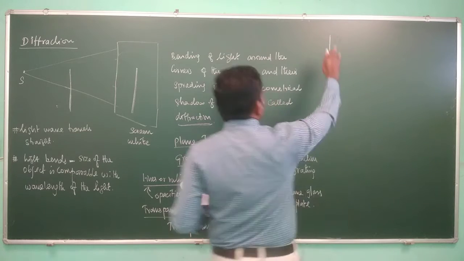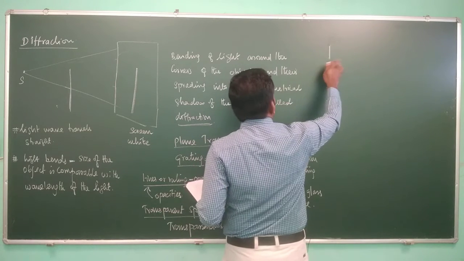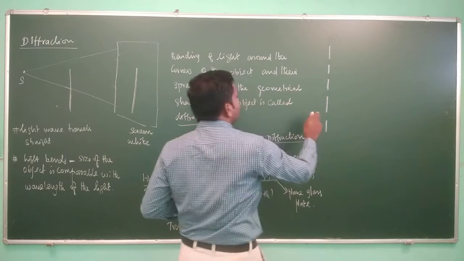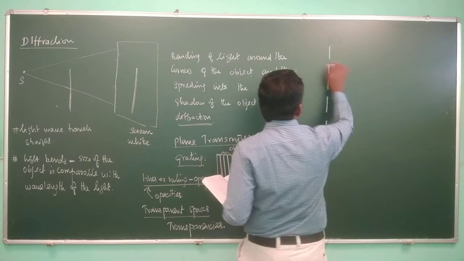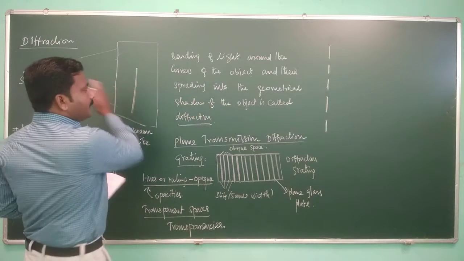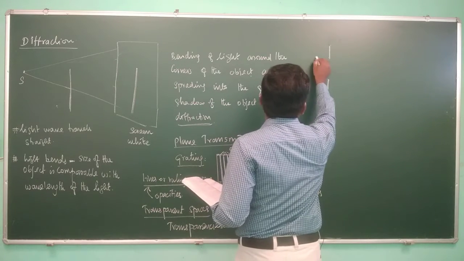Assume that this is the diffraction grating, and these open spaces are transparencies. We are placing the diffraction grating so that light comes from this direction.